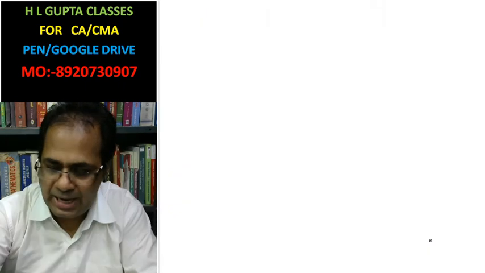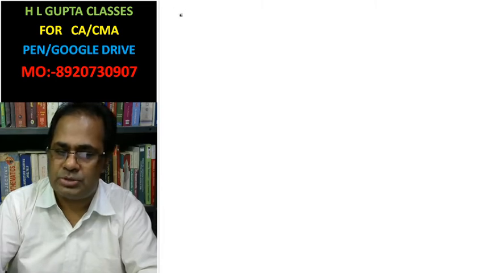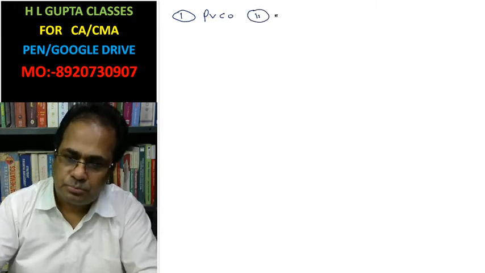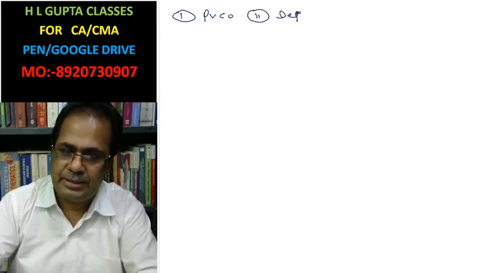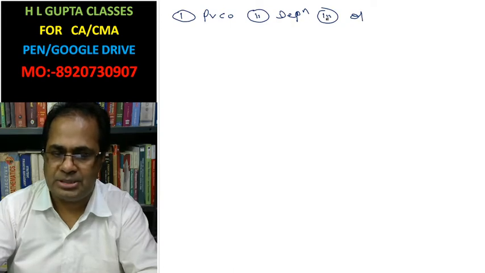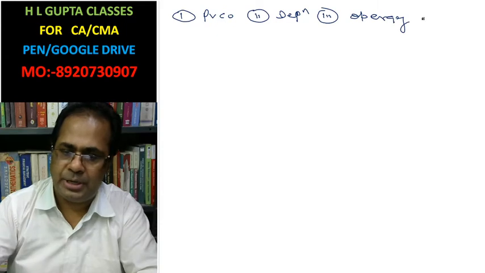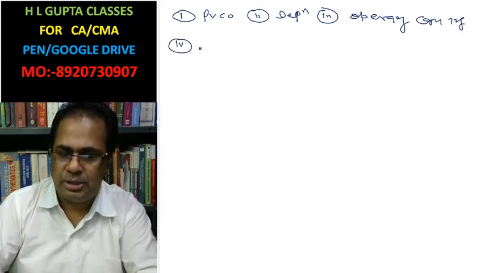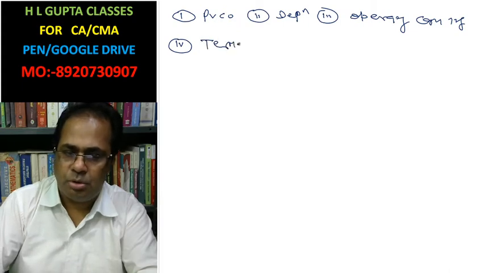In this case, I have already mentioned you have 5 working notes. In the first working note you have to calculate the present value of cash outflow. In the second, you have to calculate depreciation. In the third, you have to calculate operating cash inflow, along with depreciation tax saving. In the fourth, you have to calculate terminal cash inflow.